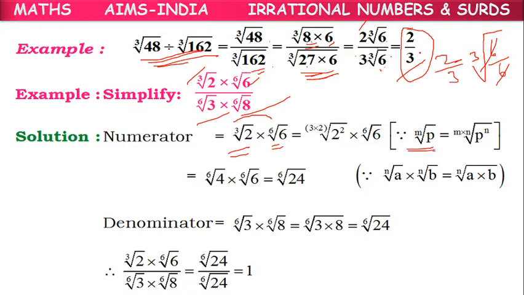We have already learnt that for the mth root of p, with the same number I can multiply the order and I can multiply the exponent so that its value does not change. So here order 6 is there, here order 3 is there. If I want to make this 6, the order 3 has to be multiplied by 2.